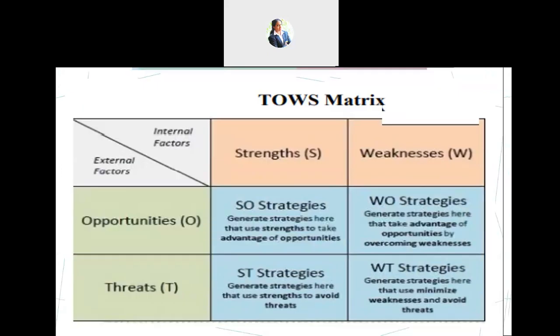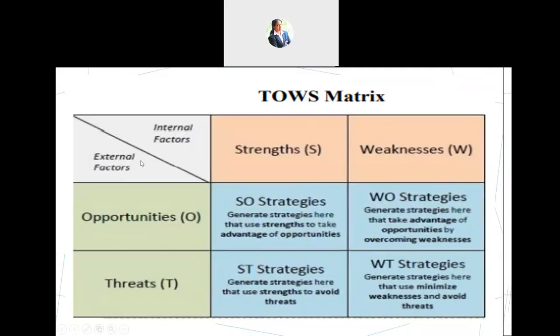Now, speaking about the SWOT matrix, here they have divided it into external factors and internal factors. External factors are opportunities and threats; internal are strengths and weaknesses. Now, they have taken two variables, that is SO strategy, that is strengths and opportunities.